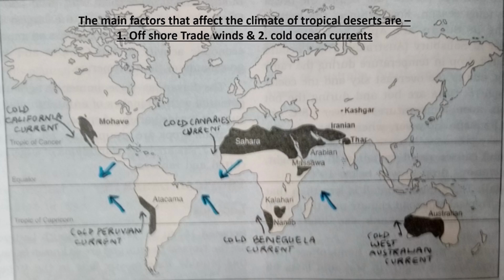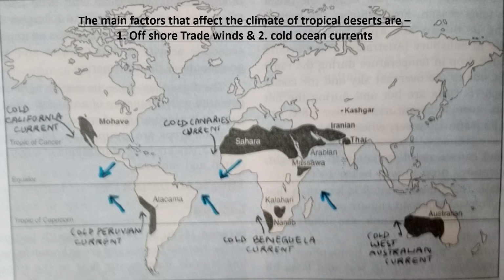Now secondly, the cold ocean currents. The cold ocean currents are dry currents. They do not carry any moisture, and therefore they are not able to give any rainfall to the coastal regions, like the cold California current in North America, cold Peruvian current in South America, cold Canary current in Africa, and cold Benguela current, as well as the cold West Australian current.